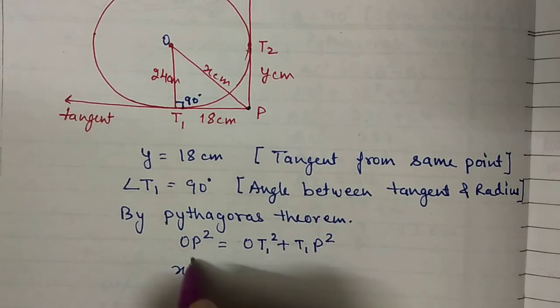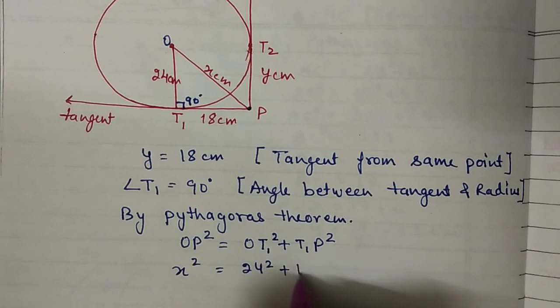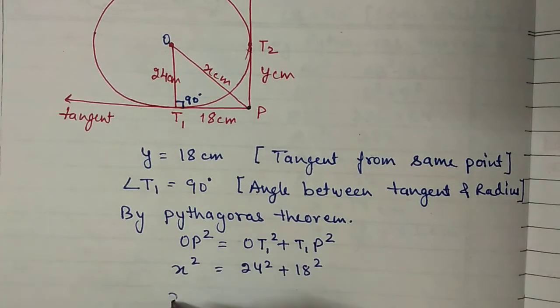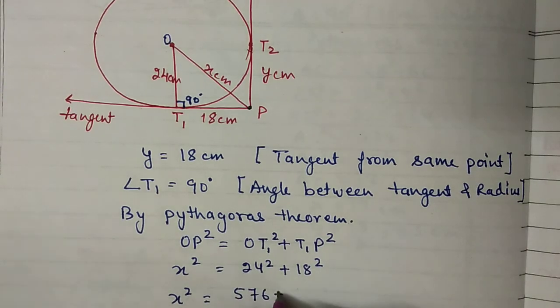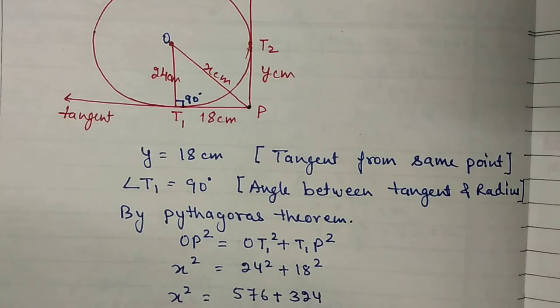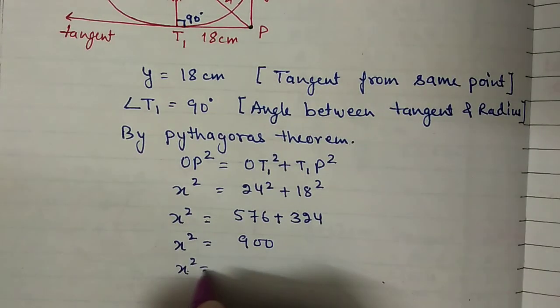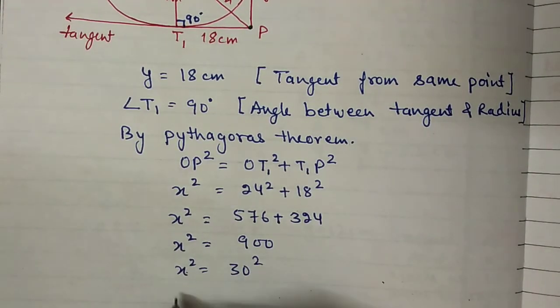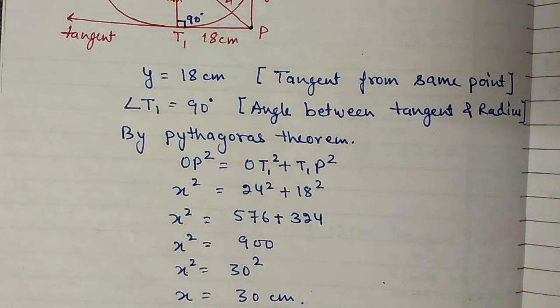So OP is x, OT1 is 24 and this is 18. 24 square is equal to 576 and 18 square is equal to 324. So you will get x square is equal to 900. 900 we can write as 30 square. So the value of x is here 30 centimeter.